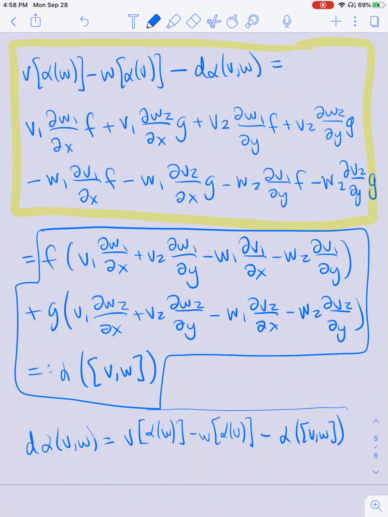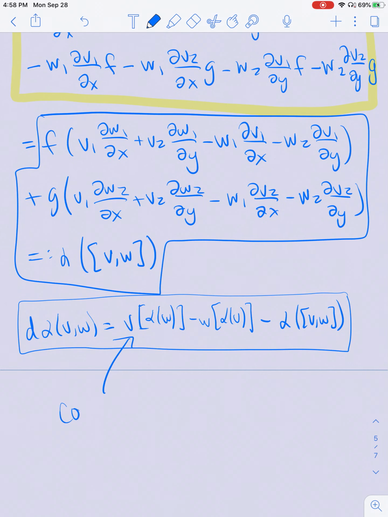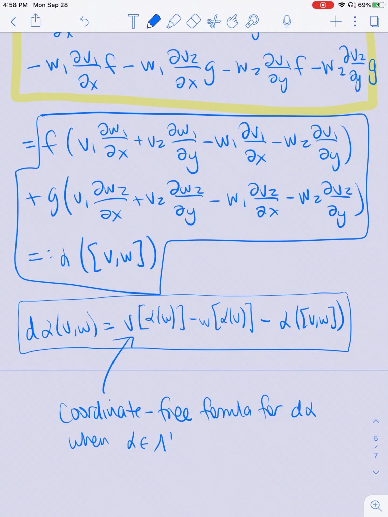So this is the coordinate-free formula for d alpha when alpha is a 1 form on R2. And I'll talk about the generalizations to when alpha is a 1 form on Rn or when alpha is a k form on Rn later.